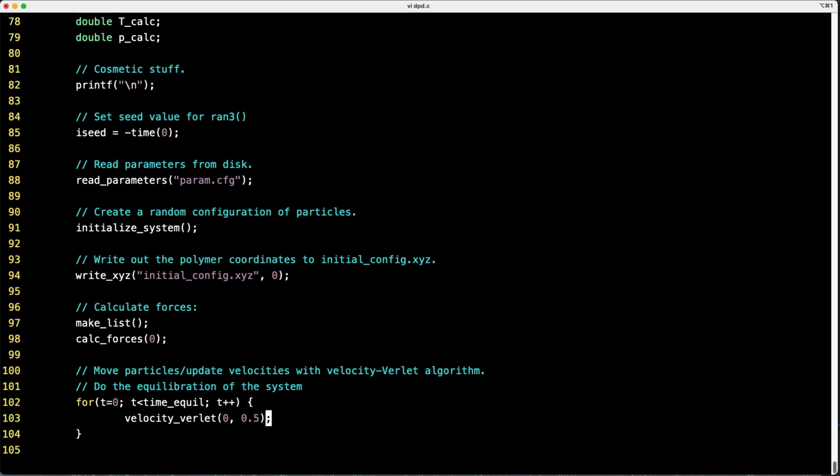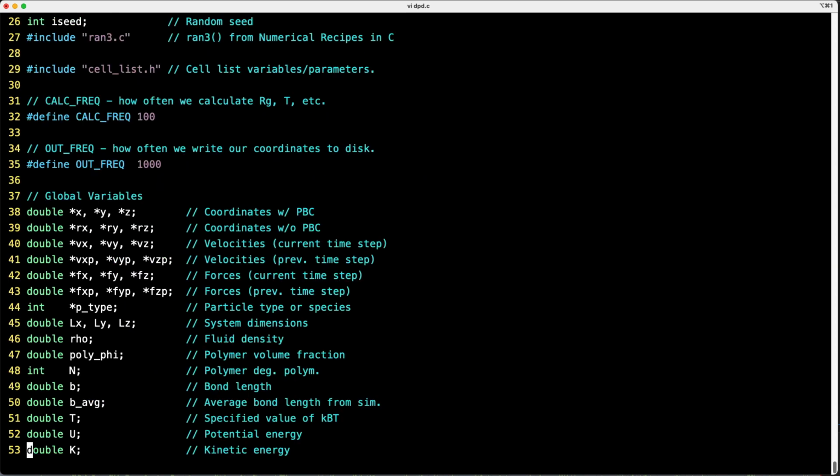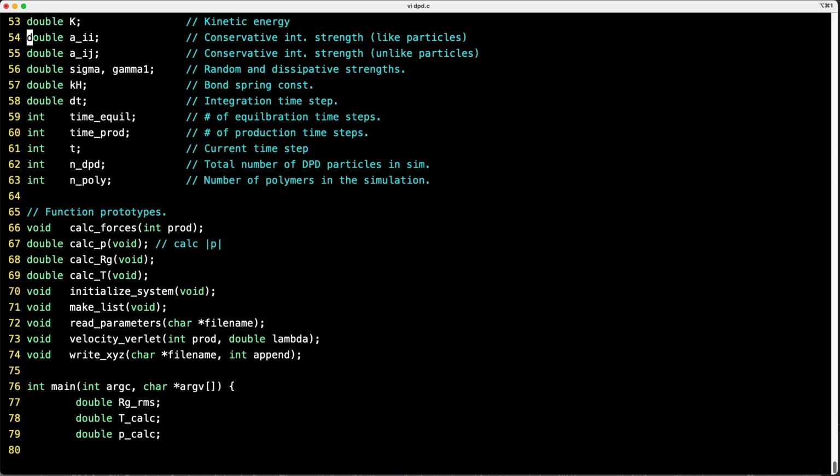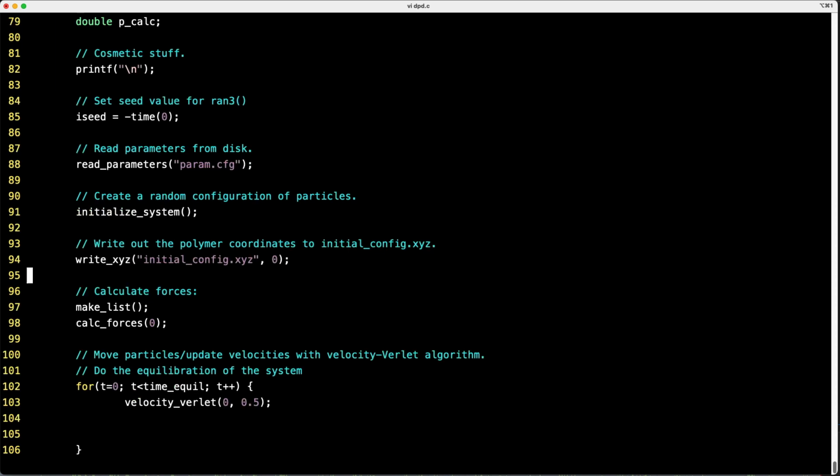Now we're going through and we're running the velocity-Verlet algorithm. So we could say, let me remember the names of these things we defined: calculation frequency and output frequency. So down here, we would see, let's do modulo division, right? So if T modulo division calc frequency is 0, that means that T is a multiple of calculation frequency.